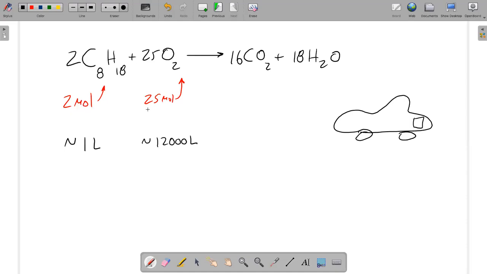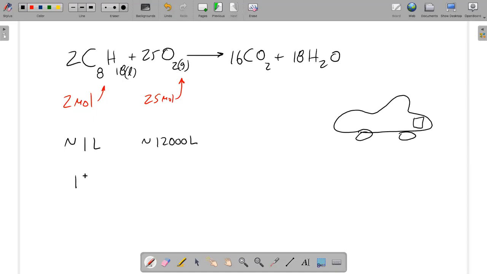So as a ratio of molar quantities, for every 2 moles of octane you buy, you get 25 free ones in the air. But because this is a liquid and this is a gas, for every liter of gasoline you buy, which is about 1/4 of a gallon, the engine has to take in about 12,000 liters of air. So volumetrically, the oxygen you consume as you drive is significantly greater than the volume of the liquid.